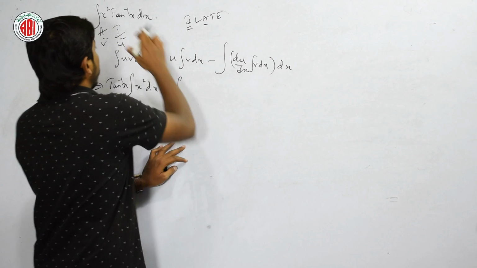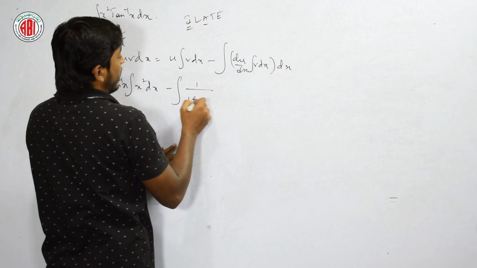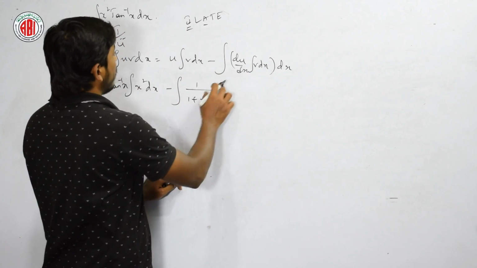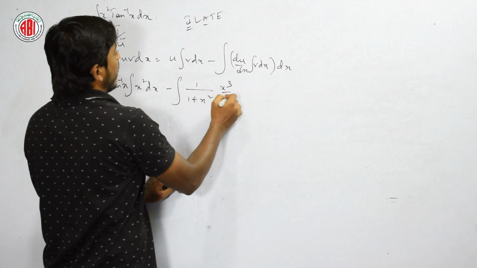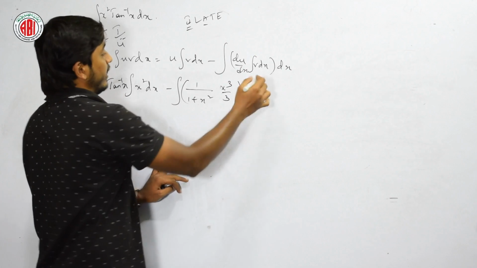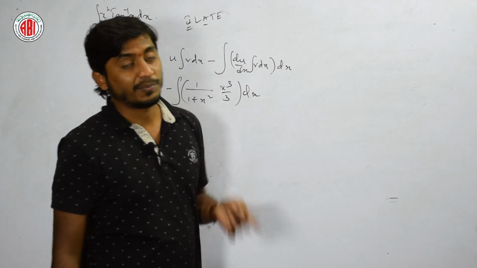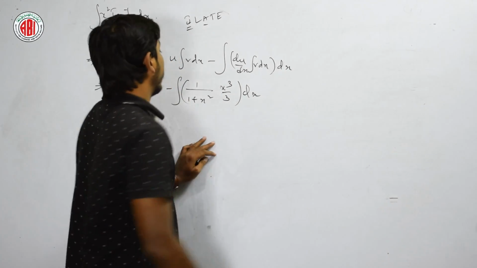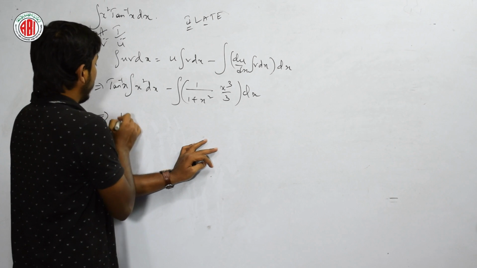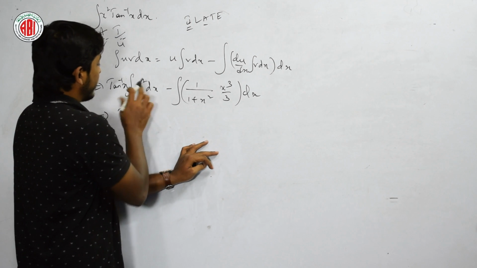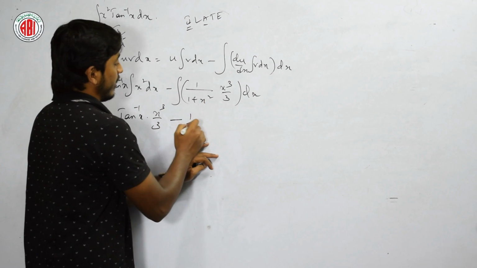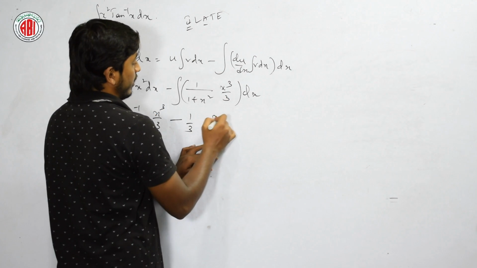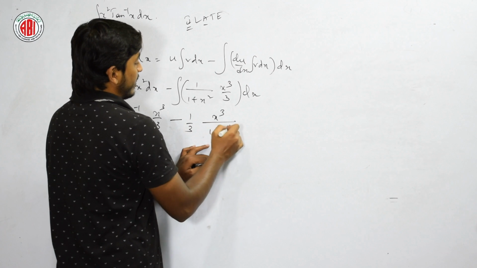The differentiation of tan inverse x is 1 by 1 plus x square. The integral of v dx, the integral of x square, is x cube by 3, dx. Fine. So this will be tan inverse x times x cube by 3 minus 1 by 3 integral of x cube by 1 plus x square dx.